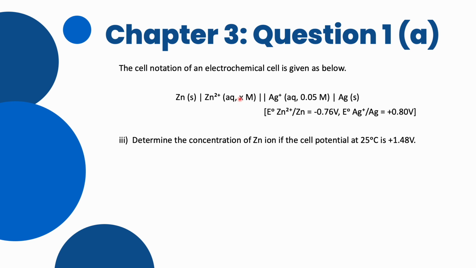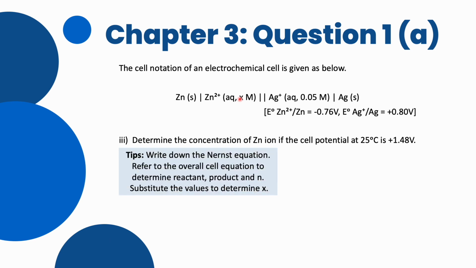What is the tip given? The tip given is to write down the Nernst equation. Refer to the overall cell equation to determine the reactant, product, and N. Then we substitute the values to determine the X or unknown, in this case the zinc ion itself.